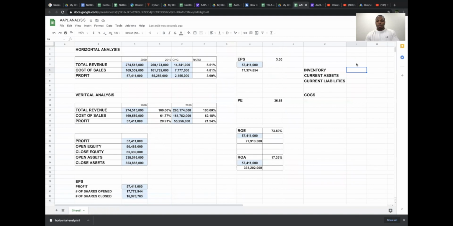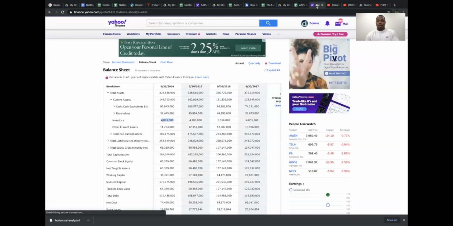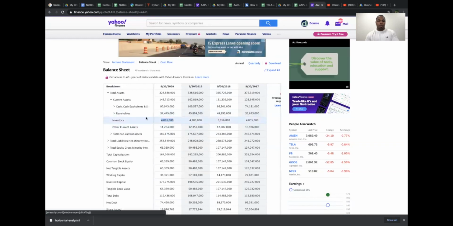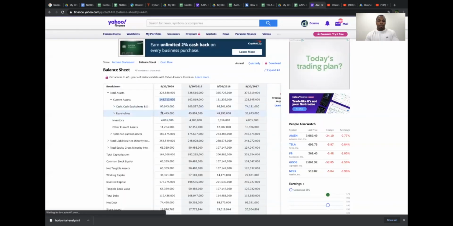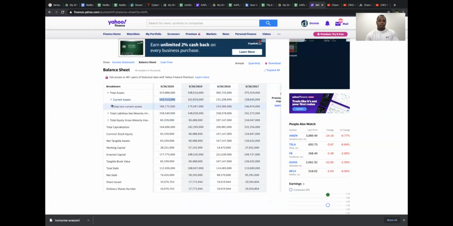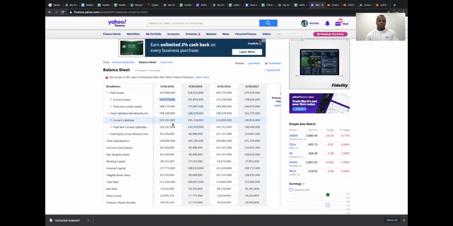So we go to the inventory, put the inventory in, boom. And now we want to know current assets. Then you want to know current liabilities. So we go back to Apple, and then we get the current liabilities. So minimize that. Then we go to liabilities, current liabilities.